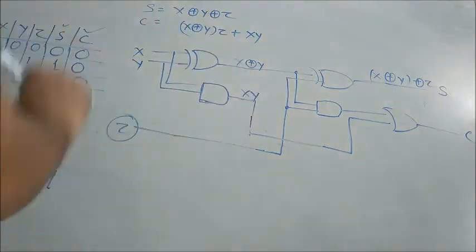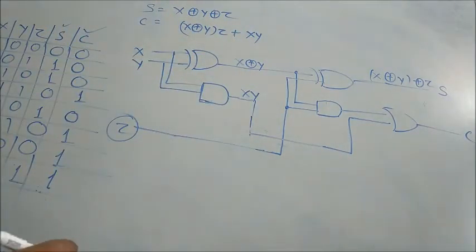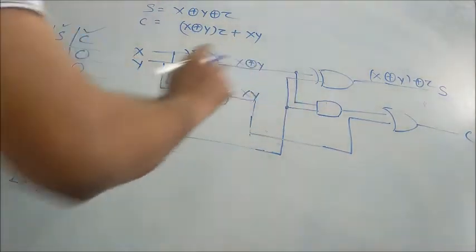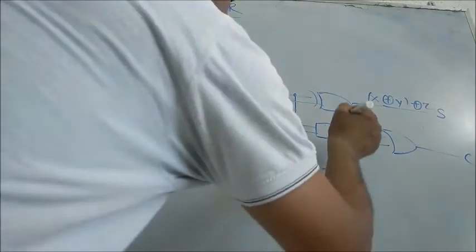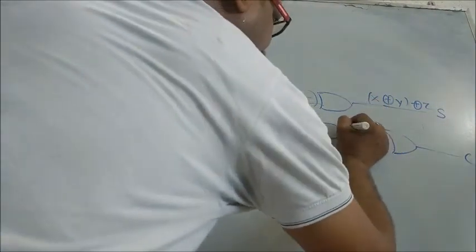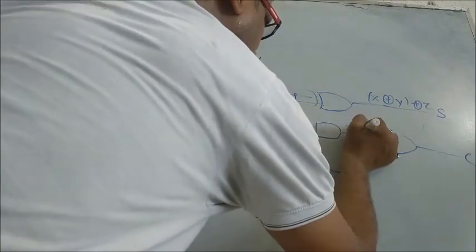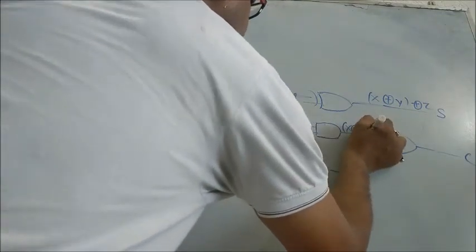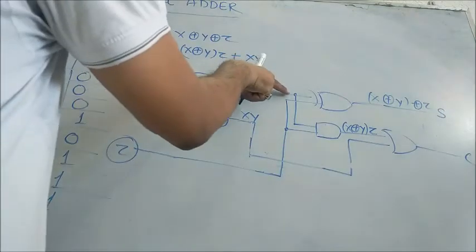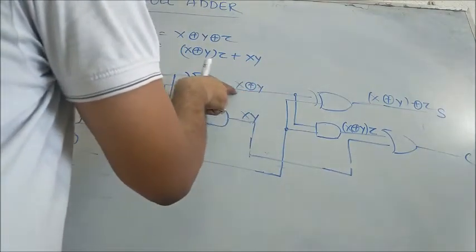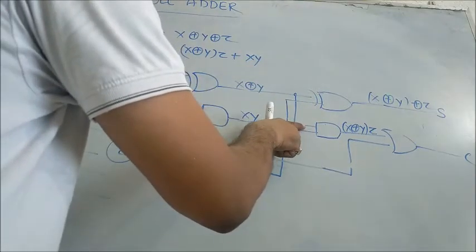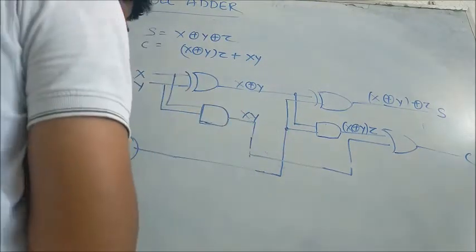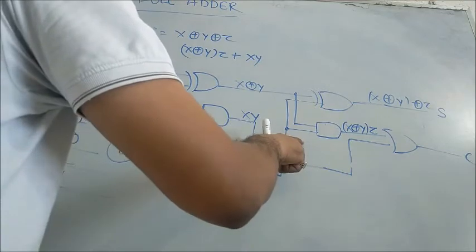Now come to this point. Here I will get (X XOR Y) and Z. How? From this point, because X XOR Y is coming, this point will also be X XOR Y, and from here I am getting Z as an input.